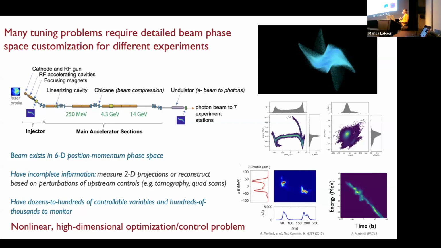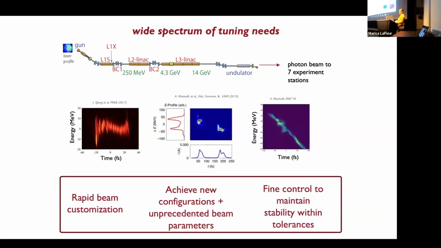Oftentimes, we only get information about bulk scalar properties of the beam along the accelerator. And by the way, this diagram here spans a couple of kilometers, so that gives you an idea of how large these systems can be. And they're only a small fraction of the total controllable elements shown here. Things like RF accelerating cavities and magnets to shape and steer the beam.